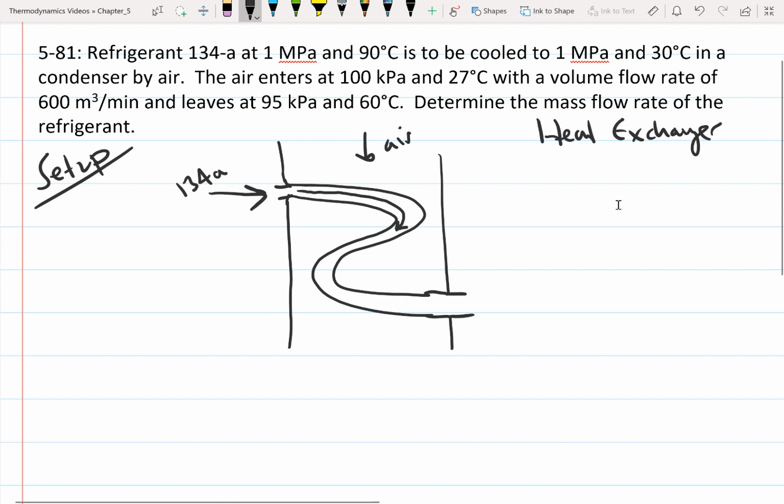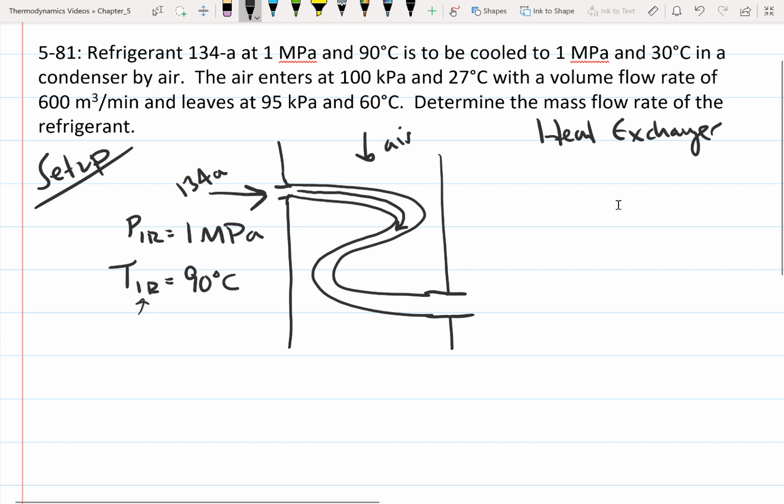At the inlet, the pressure of the refrigerant, and I'm just going to call it R for refrigerant, so P1R, where 1 is for the inlet and R is for refrigerant, is 1 megapascal, and then T1R is equal to 90 degrees C. You can call these variables whatever you want, just make sure it's something that makes sense. Otherwise the problem gets kind of confusing.